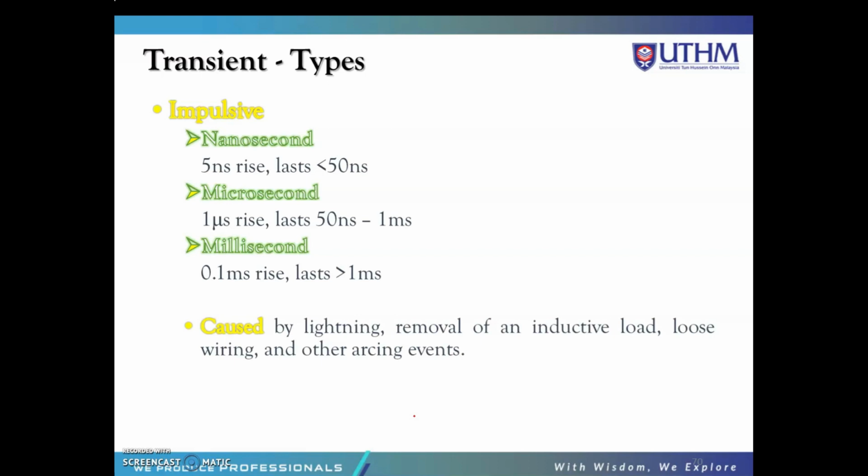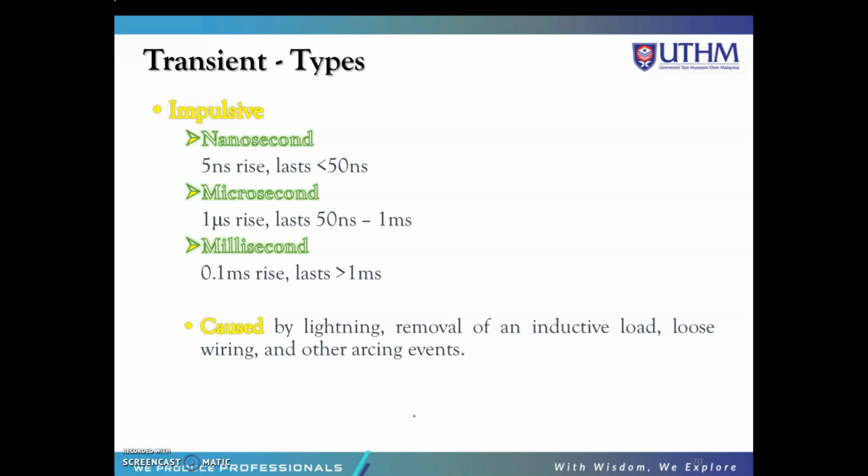Impulsive transients are described as a sudden non-power frequency change in voltage, current, or both that is unidirectional in polarity. Examples are lightning, removal of an inductive load, loose wiring, and other arcing events.